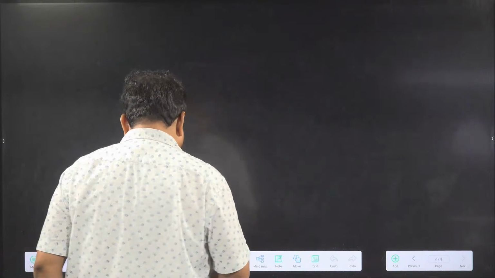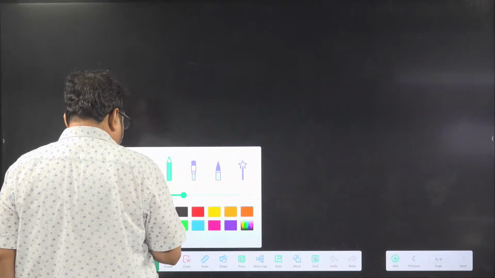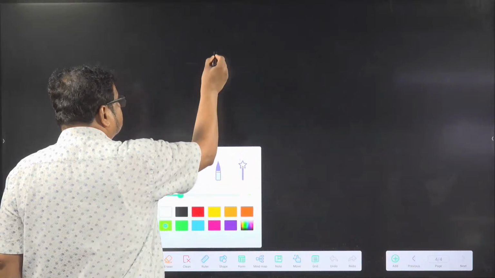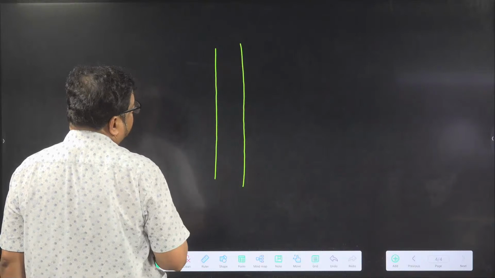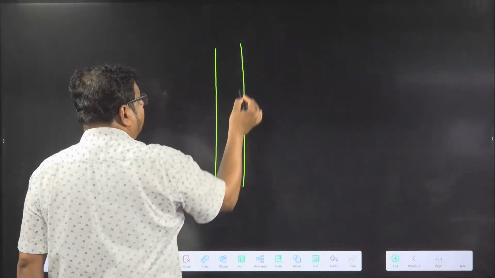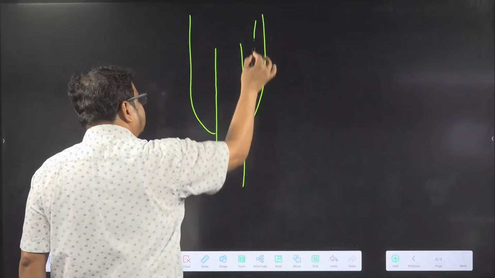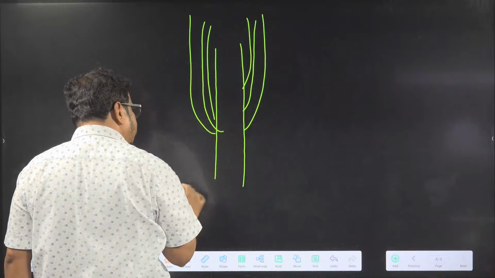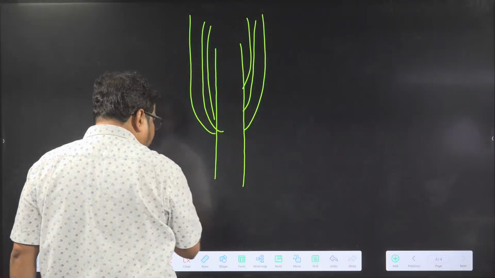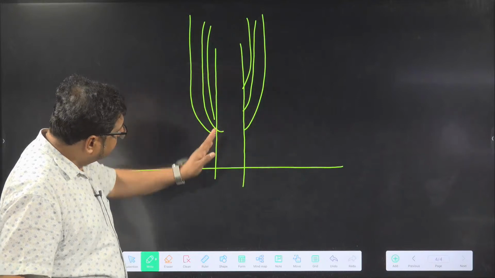Give your attention. What happened basically? This is the pseudo stem of the banana, and from here many leaves are coming and attaching. This is the surface of the soil; this part is above the soil and this is below the soil.